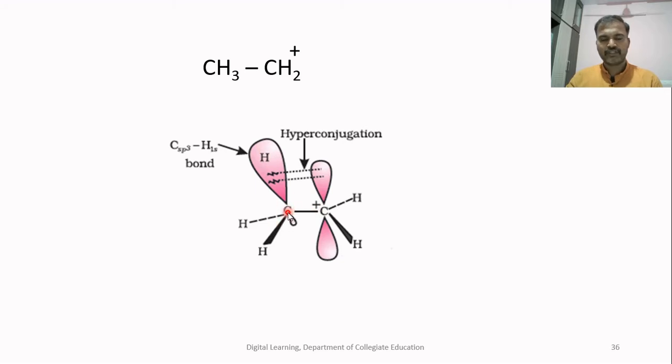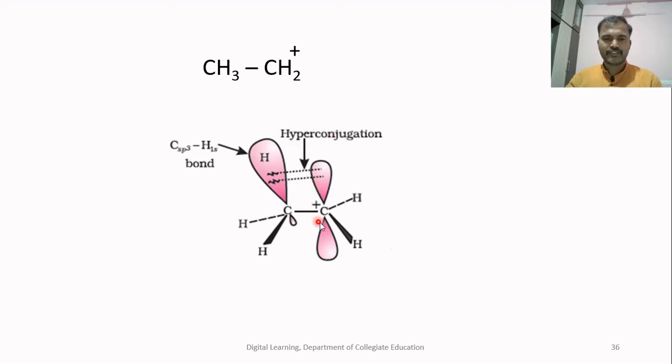It has 3 carbon-hydrogen sigma bonds. Among these, one carbon-hydrogen sigma bond lies in the same plane of this p orbital. Hence, the sigma electrons of this CH bond can interact with the p orbital, and this is what we call hyperconjugation or no bond resonance.